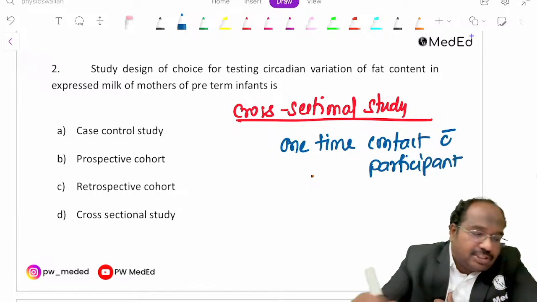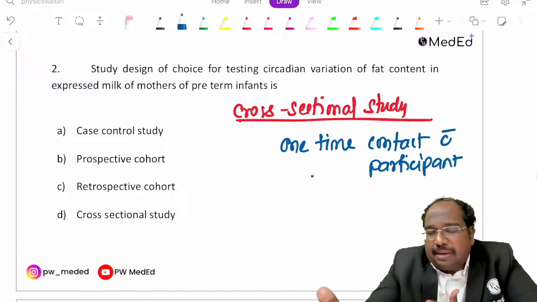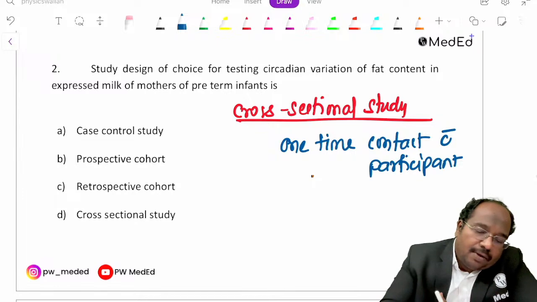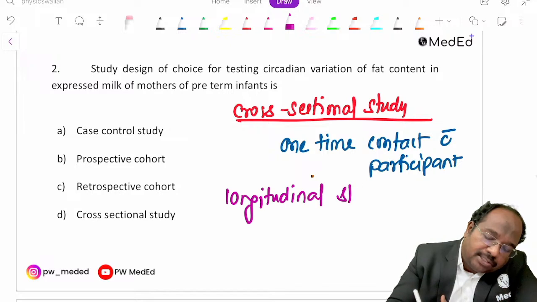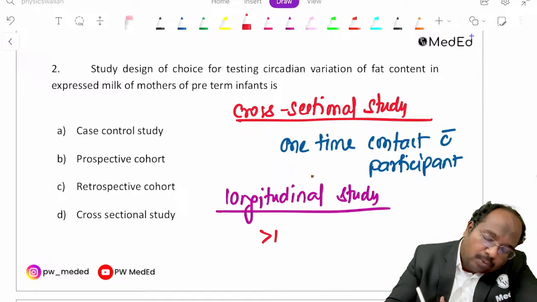That is a cross-sectional study. Today you go somewhere, you check their blood pressure only one time. We have one more study, the longitudinal study: only one group, but more than one contact with the participant.